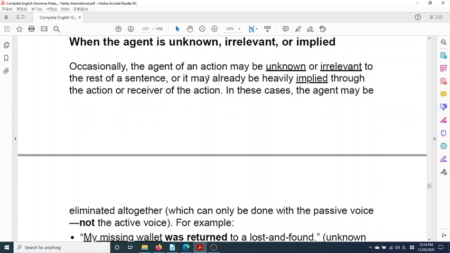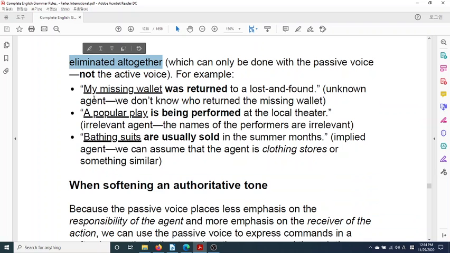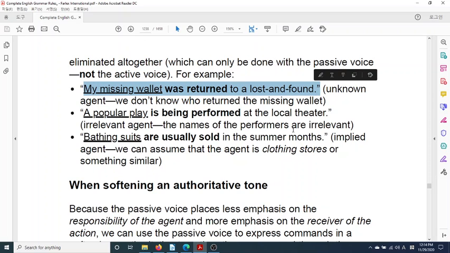Occasionally, the agent of an action may be unknown or irrelevant to the rest of the sentence, or it can be heavily implied through the action or receiver of the action. In these cases, the agent may be eliminated altogether. You don't even have to say who's doing it. So for instance, my missing wallet was returned to the lost and found.